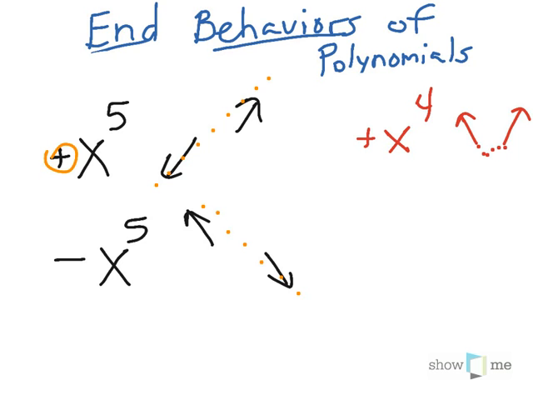They're going to be going up. If we have negative x to the fourth, or any even exponent, but it's negative, then they're both going to be pointing down. And those are really the only four things we have to memorize, those four scenarios. Doesn't matter what those numbers are, as long as they're odd or even, positive in front or negative in front, we can tell what this graph is going to do at the very edges.